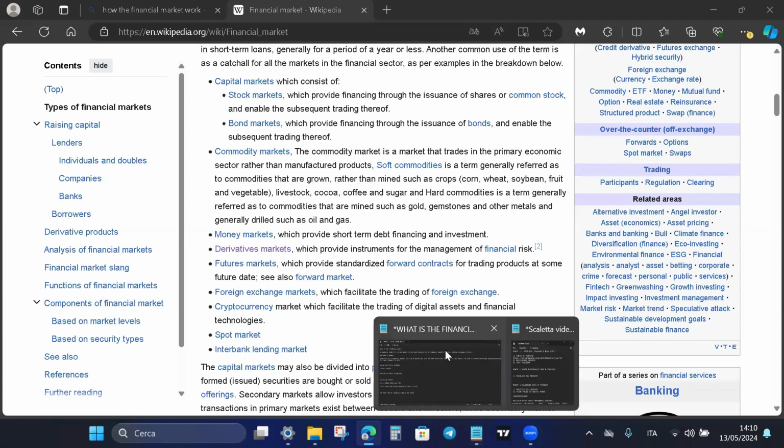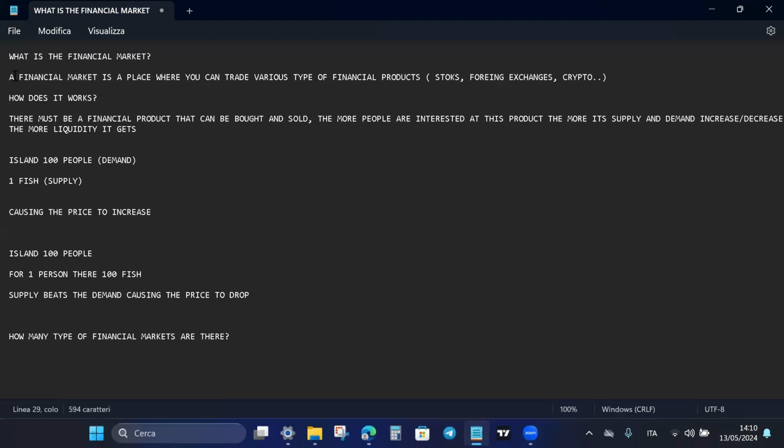Okay, so let's make a little recap. So we understood what is the market. A financial market is a place where you can trade various types of financial products. How does it work? There must be a financial product, which can be stock, commodity, forex, whatever, that can be bought and sold.